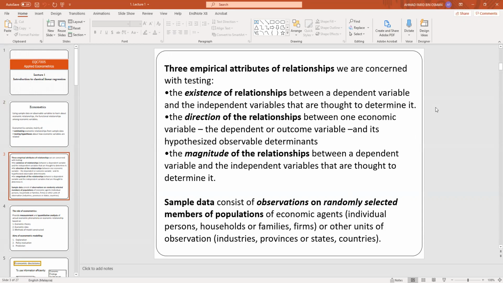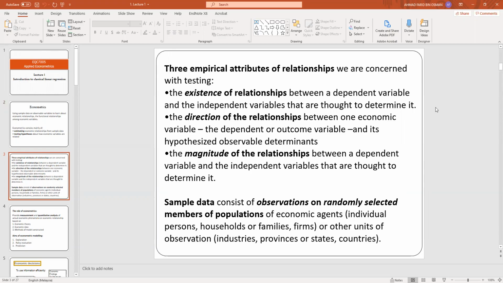So we use the independent or explanatory variable to explain the dependent variable. Normally we denote the dependent variable using the symbol Y, and the independent variable X, but not necessarily Y and X. You can also use other symbols, but the common symbol for the dependent variable is Y, and for the independent variable we use X, X1, X2, X3, and so on.